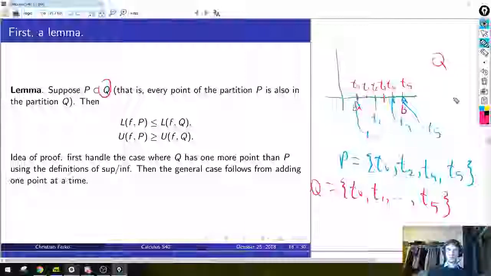It has more points. Q is a larger partition than P, so since these are just sets, P is a subset of Q.